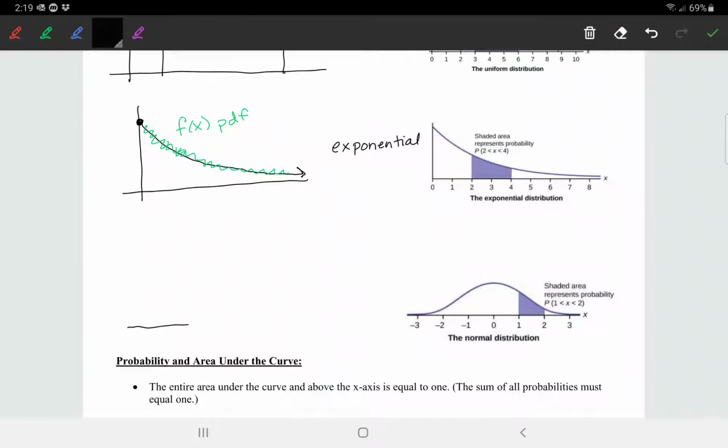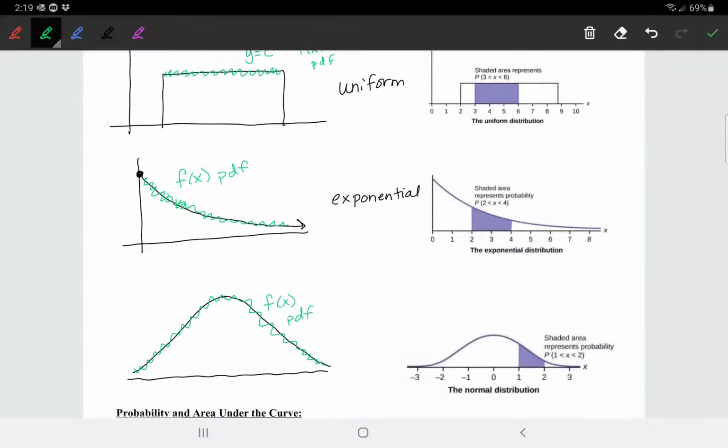Then, in the next chapter, we're going to look at something called the normal distribution. The normal distribution has this shape. In this case, the curve is here. This is our function little f of x. It is the probability density function. It is the graph of the distribution.